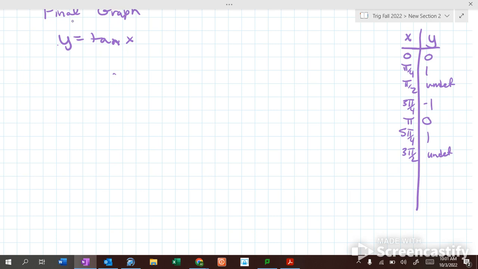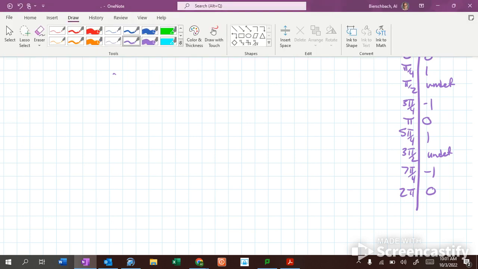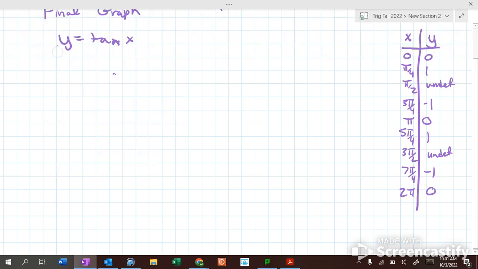Undefined. 7 pi over 4. -1, 2 pi. Back to 0 again. Okay? I'm just going to make my graph a different color just so it's easier to tell colors apart here because I'm going to make my asymptotes a different color.